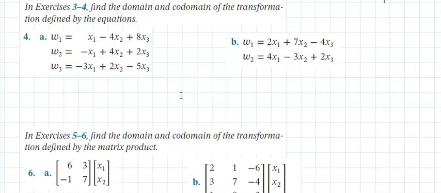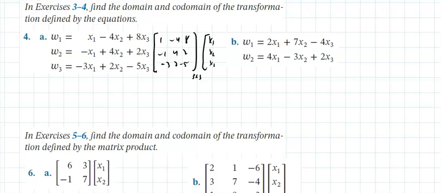Find the domain and codomain of the transformation defined by the equation. Well, if I really want to figure this out, I am inputting x. If I write this here, can't you say this right here is 1, negative 4, 8, negative 1, 4, 2, negative 3, 2, negative 5? Isn't that 3 by 3? Isn't that x1, x2, x3?